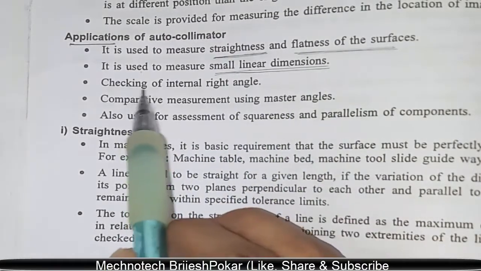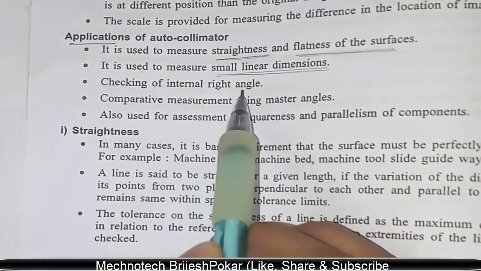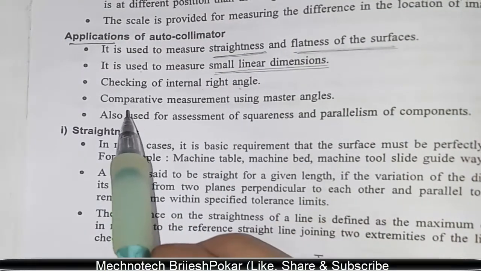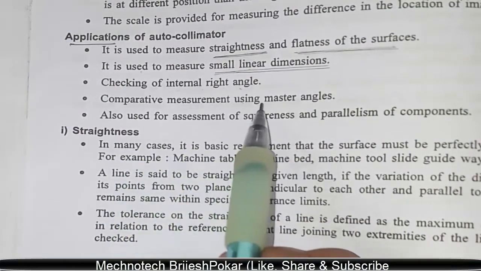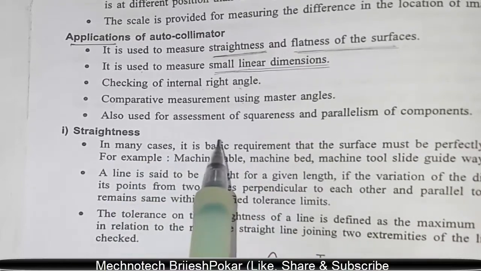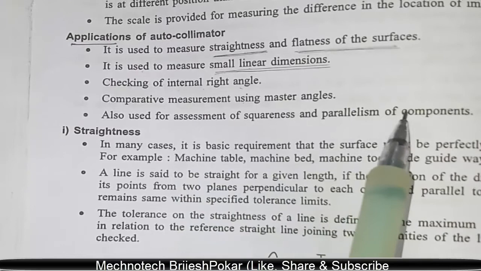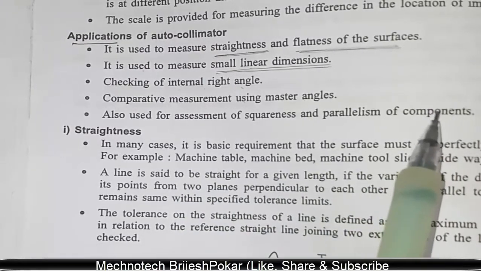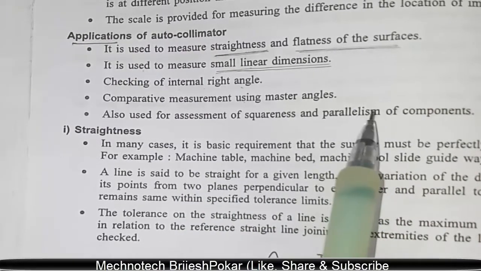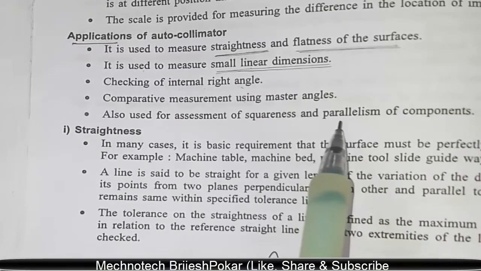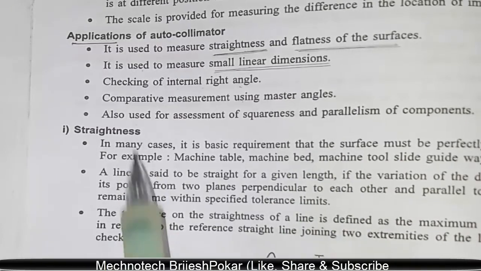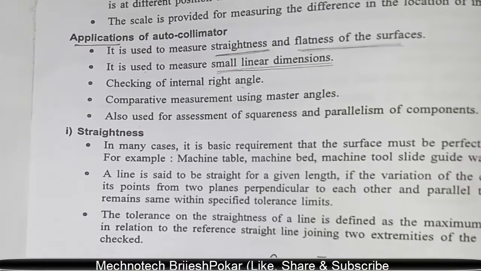It is also used for checking the internal right angle, and it is a comparative measurement using a master angle. It is also used for the assessment of squareness and parallelism of components. If you compare some components for parallelism, it is also used for that. So there are many applications of this autocollimator.